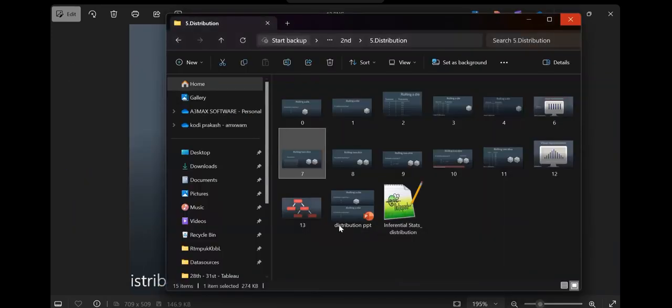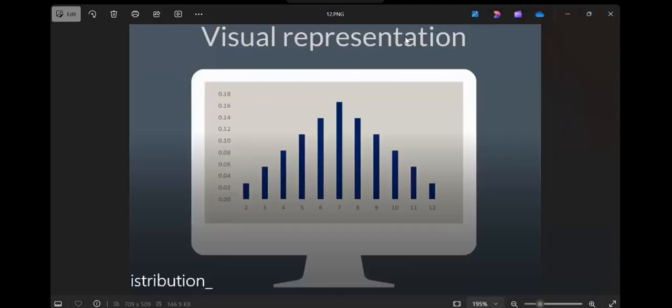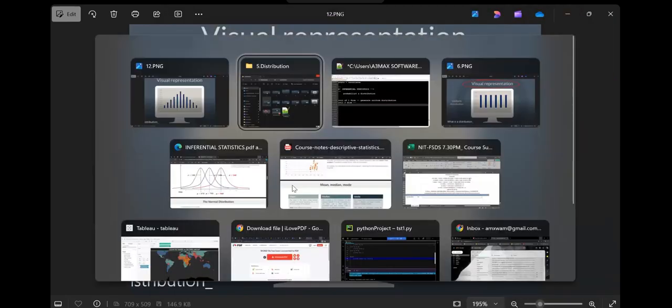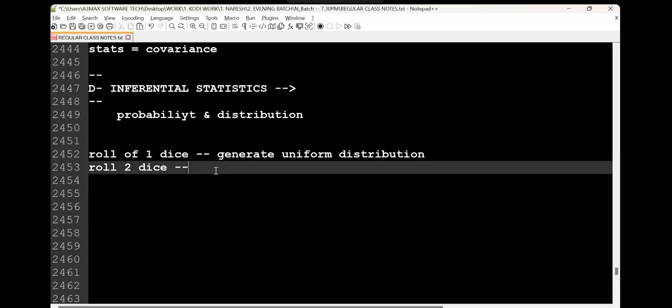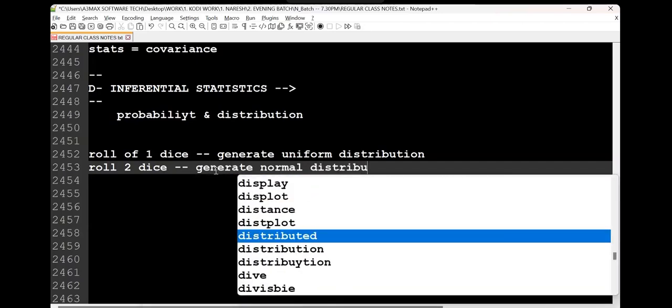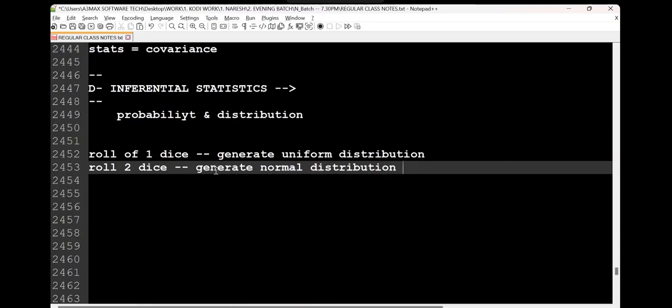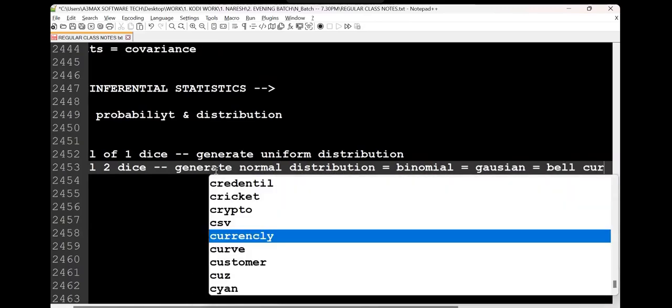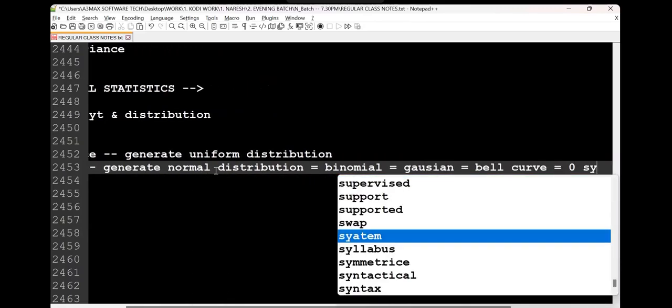So very simple. When we roll one die, we get a uniform distribution, and it generates a normal distribution, or binomial distribution, or Gaussian distribution, or bell curve, whatever you call this, or zero symmetry.